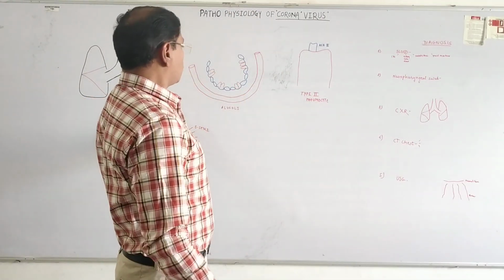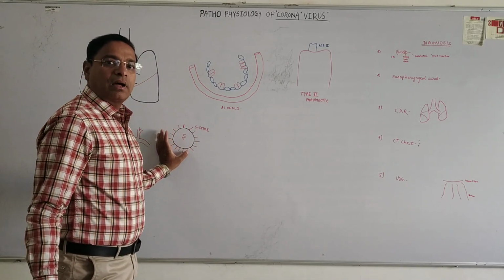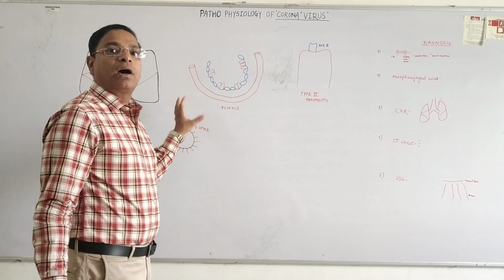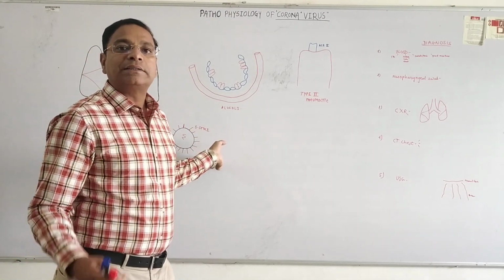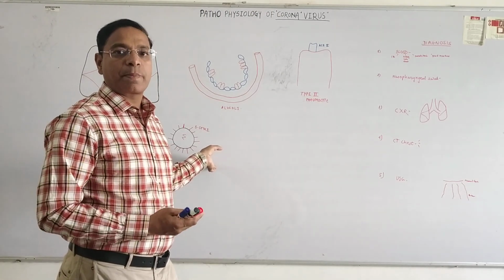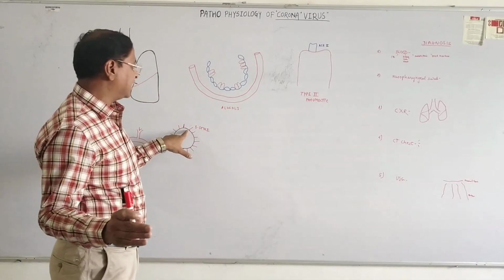Now, this virus, which you can see here, is typically a round one, and it creates a halo around it, like a sun halo, and hence is referred to as corona. It has spikes, and one of the important spikes is this S spike.